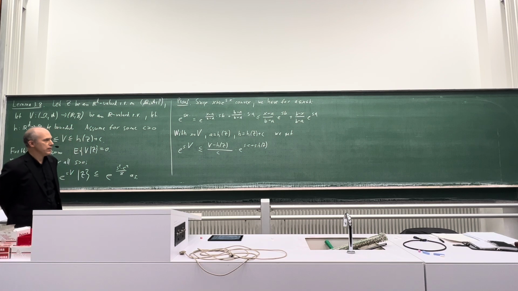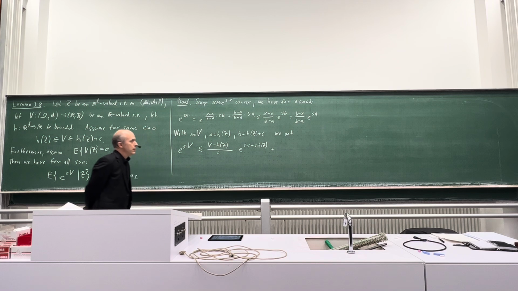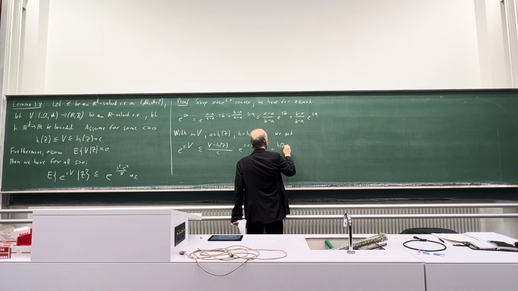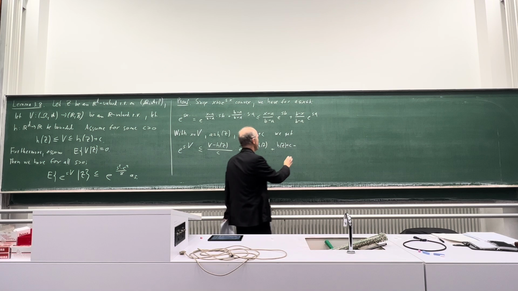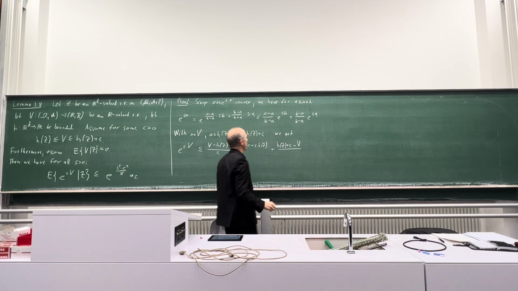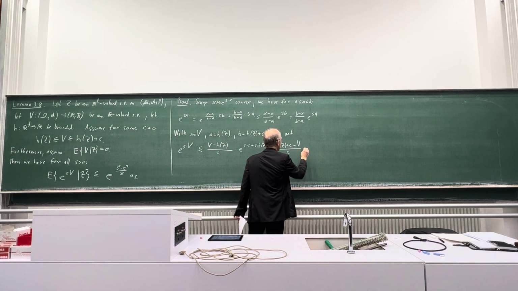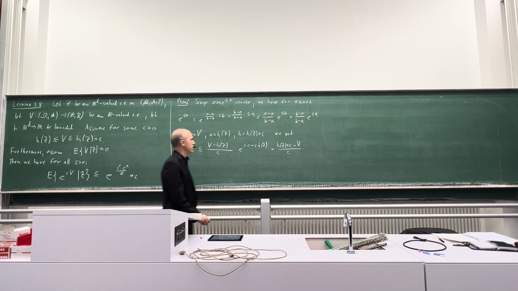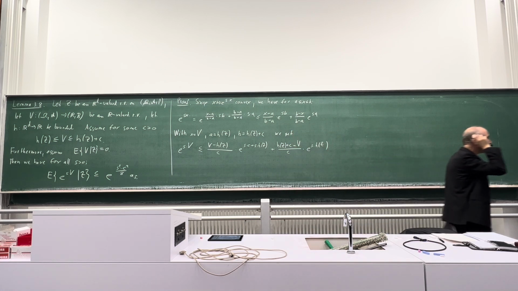That's e to the power sb plus b minus x. b was h of z plus c. minus x was v divided by b minus a is c times e to the power s times a is e to the power s times h of z. So we have this one.